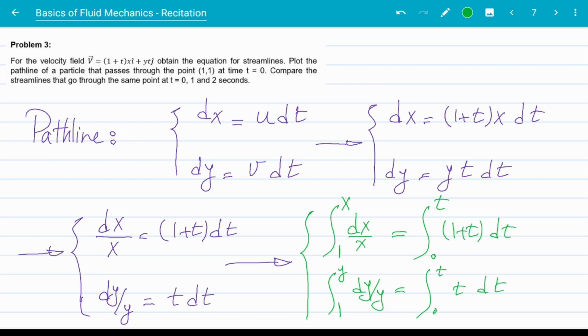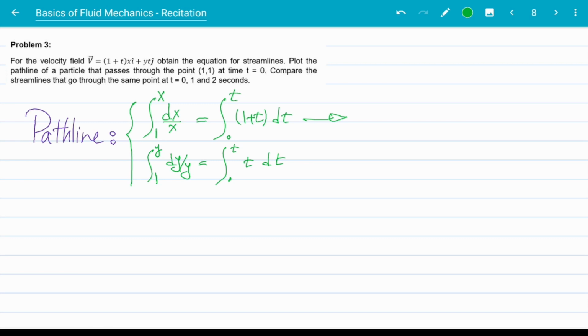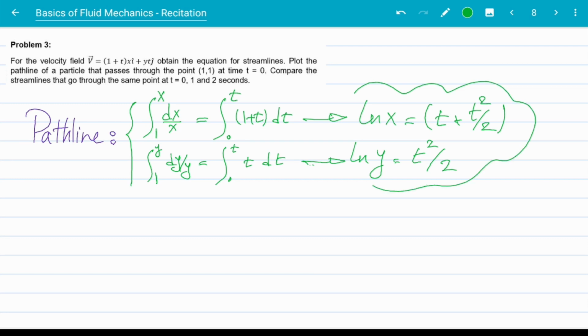All right, so the top equation gives me natural log of x is t plus t squared over 2. And the bottom equation gives me natural log of y is t squared over 2. So these two equations govern the path line of a particle that was located at 1, 1 at time equal to 0.